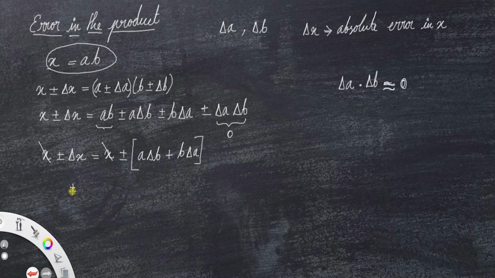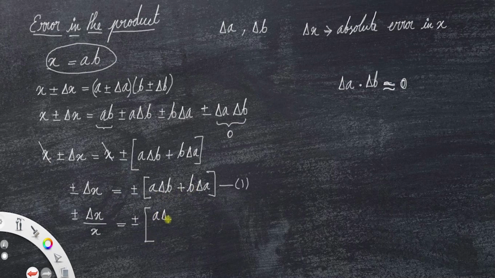So plus or minus delta x is equal to plus or minus a delta b plus b delta a. Now what I am doing is dividing this whole equation 1 by x, that is plus or minus delta x by x is equal to plus or minus, you have to divide each term by x.